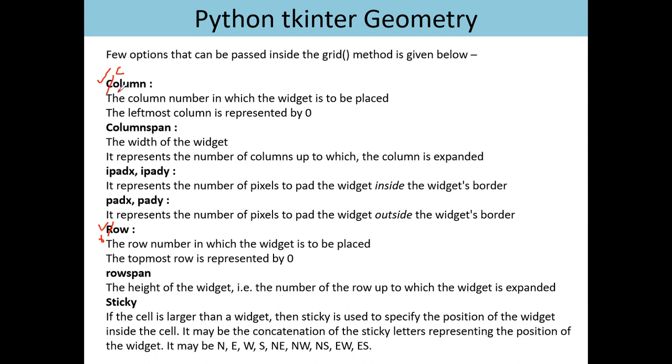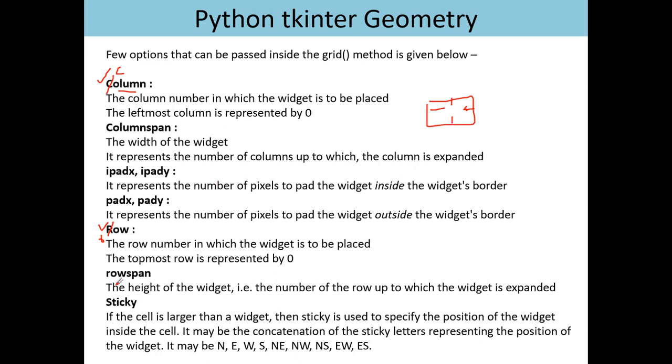Remember the name: column. Now there are some other options: pad x, pad y. Padding means this area. This section is padding. So pad x, pad y means x direction padding and y direction padding.